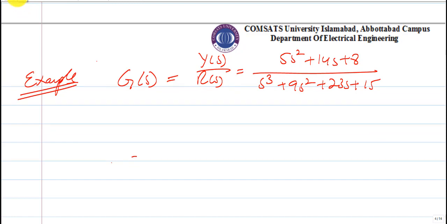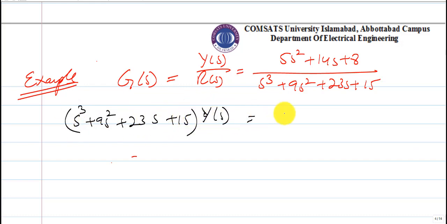Again we will cross multiply, so we have (s³ + 9s² + 23s + 15) Y(s) on one side, and (5s² + 14s + 8) R(s) on the other side.